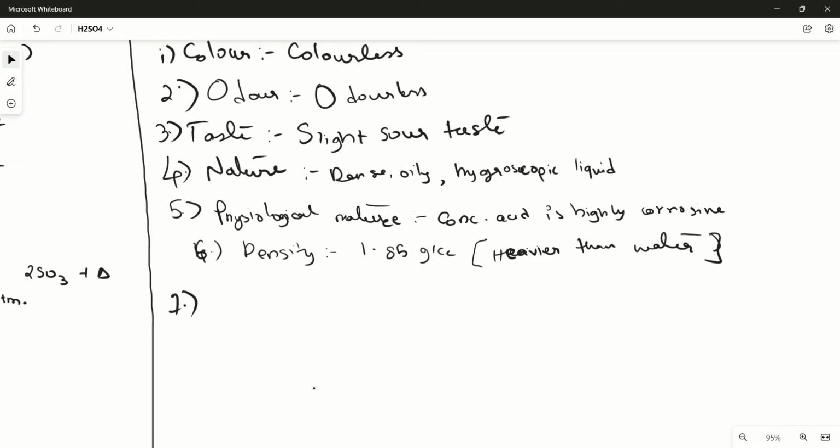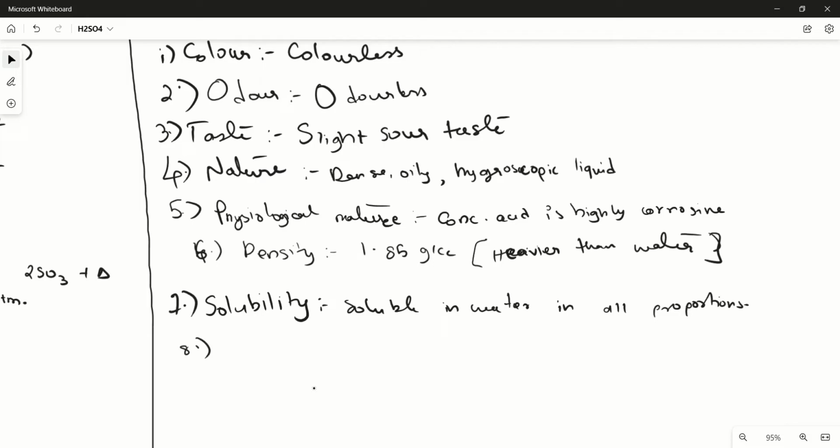After density comes the solubility. Is it soluble in water? It is very soluble in water, in all proportions.